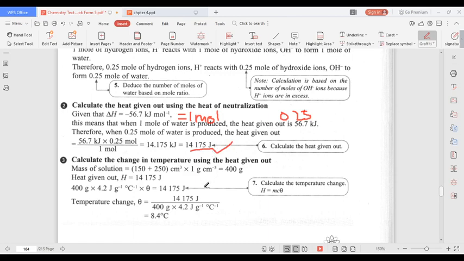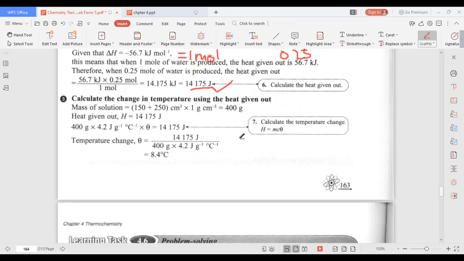Okay, then you go to what they want? Temperature change. So, mc theta equals the heat given out above. Then all this at the bottom on the other side becomes divide. So, you got the temperature change here is 8.4 degree.